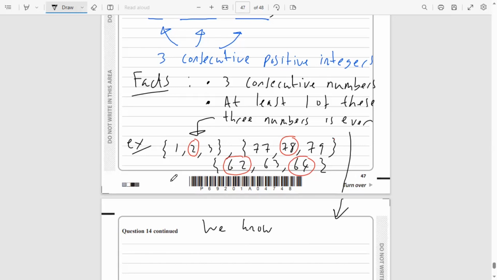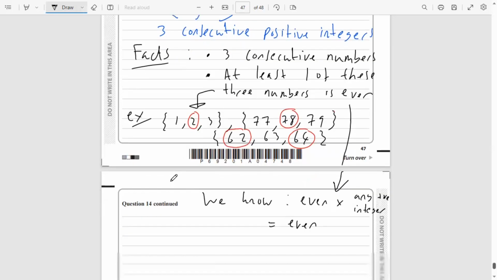We know that an even number times by any positive integer is going to be an even number. That's just a fact. Pick an even number, a multiple of 2, times it by any positive whole number, it's going to be even. It's going to be in the 2 times tables.